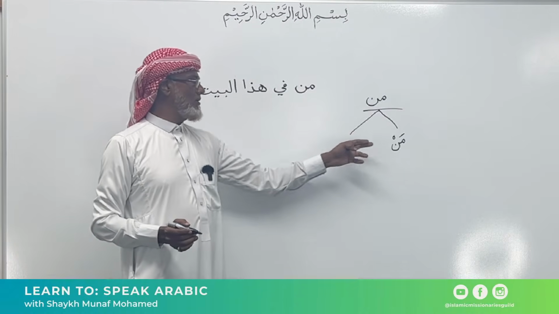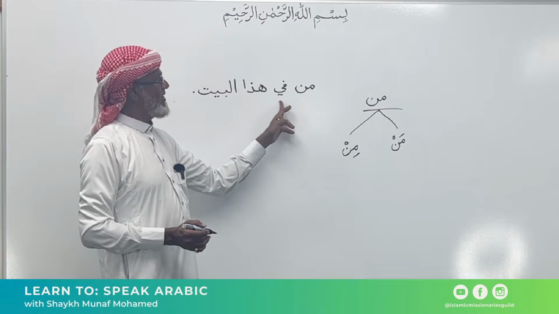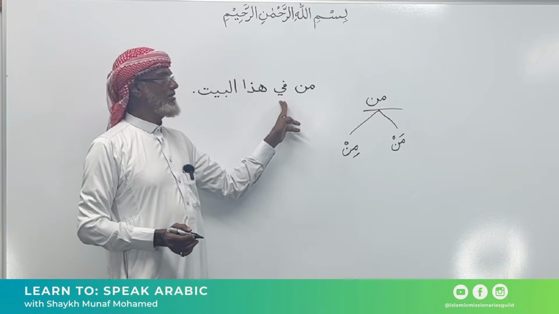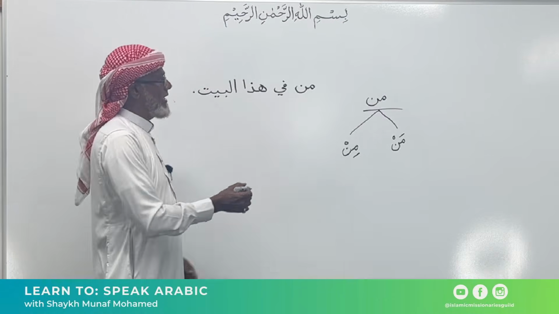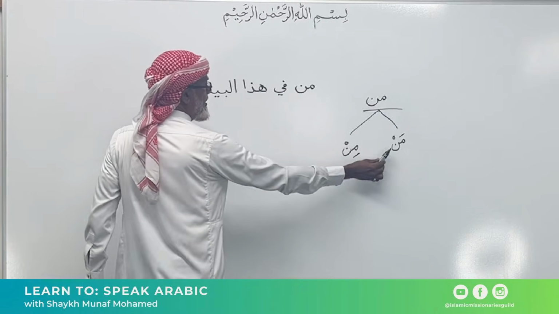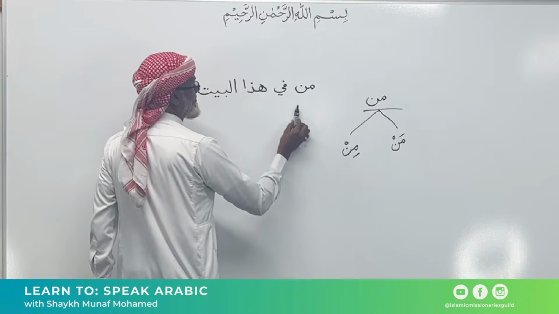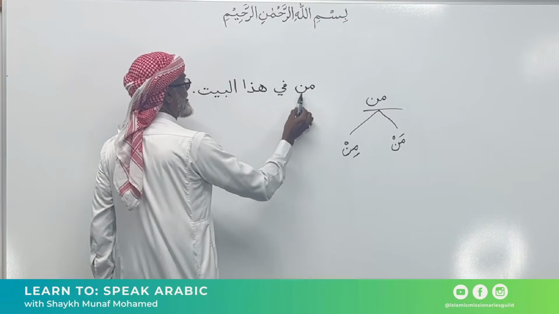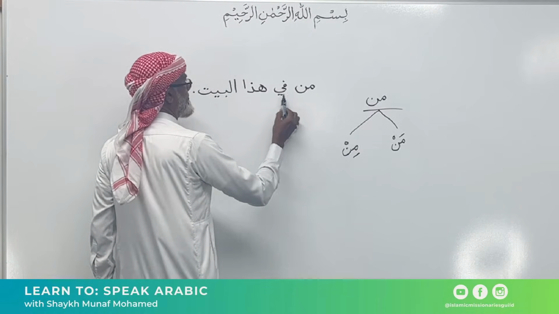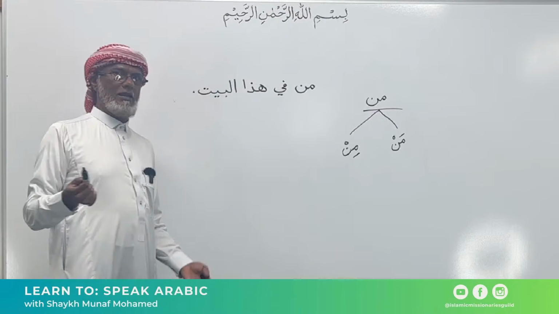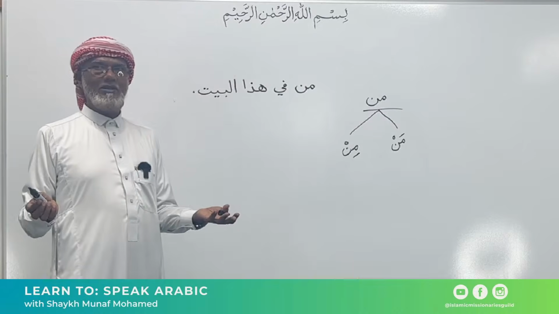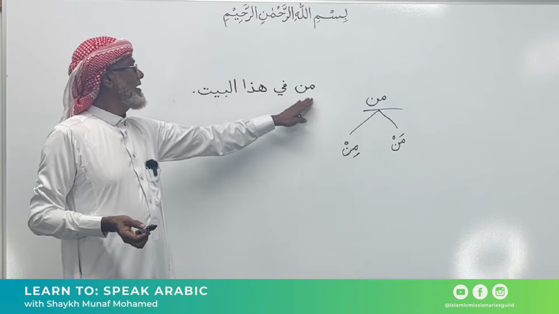Here, do we have fi here? Fi means in. So are we going to say who in? Or are we going to say from in? Are we going to say min fi, from in? That doesn't sound right. All right? We can't say min fi.